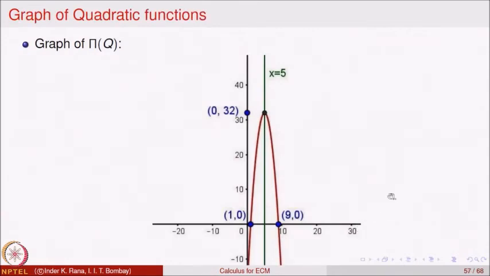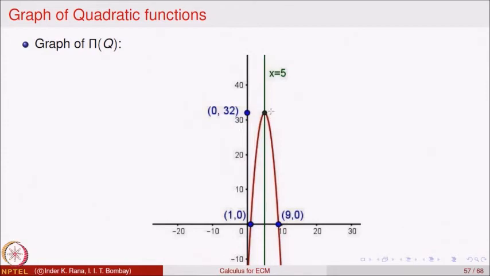So, the graph looks like this. The graph below the x-axis means the company is in the negative, then it breaks even at the point (1, 0). That means when 1 unit is being produced, it breaks even and then goes up.